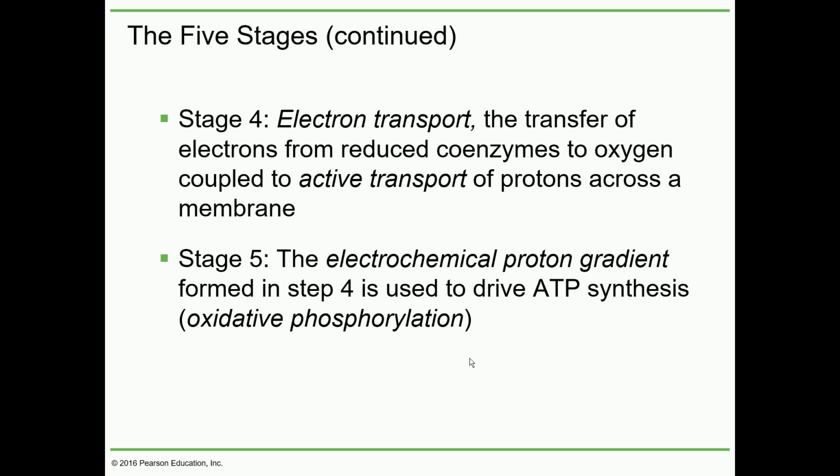As a result of that, when these protons fall back through ATP synthase, there is a production of ATP, and this process is called oxidative phosphorylation.